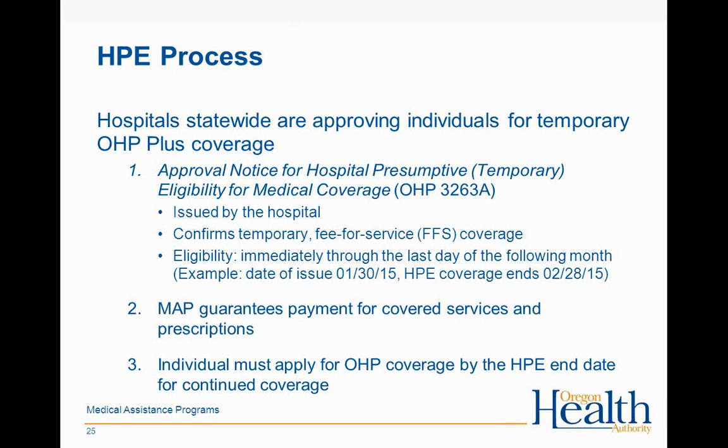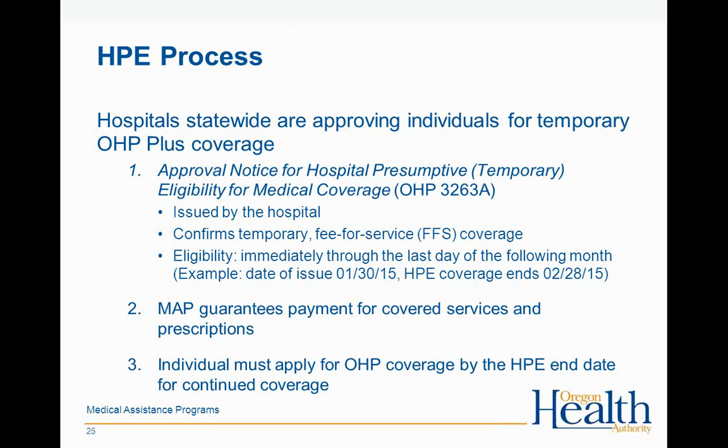We have hospitals all over the state that are approving individuals for temporary, that's a very good word to hang on to there, temporary OHP Plus coverage. The first step is that they get an approval notice for this hospital presumptive eligibility for medical coverage. Again, I want to point out that is temporary.